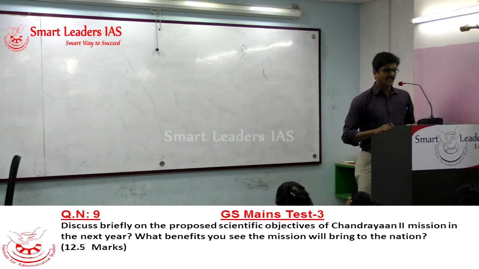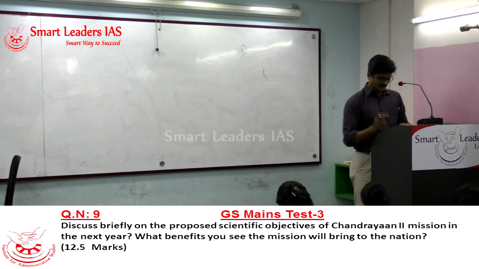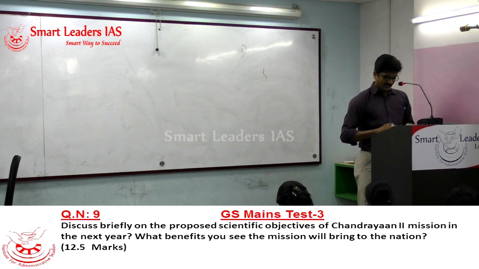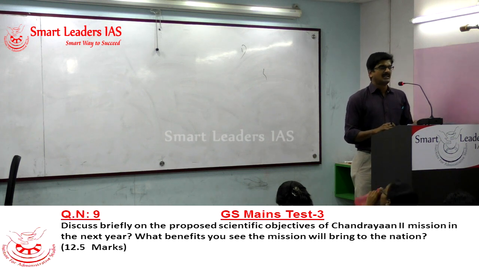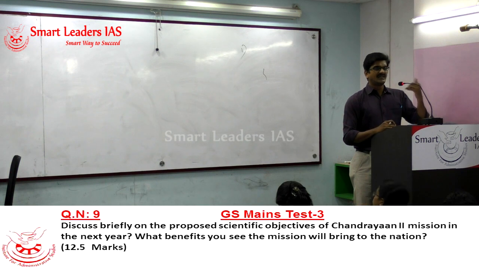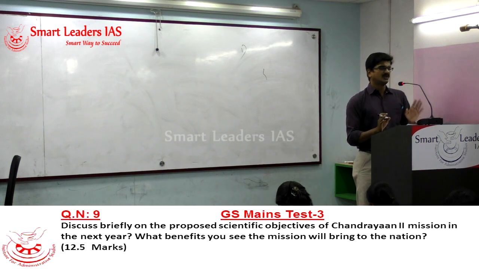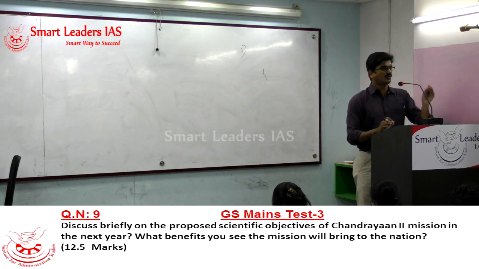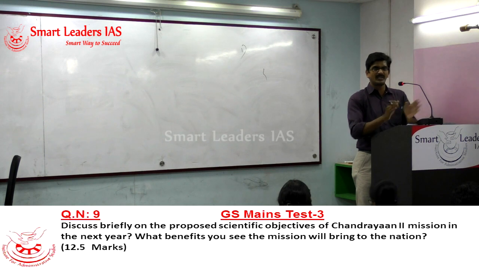Discuss briefly the proposed scientific objectives of the Chandrayaan-2 mission in the next year, 2018. What benefits do you see the mission will bring to the nation? There are no clear scientific objectives known as of now. The only objective is soft landing and mineral exploration of the lunar surface. This is what we say broadly.